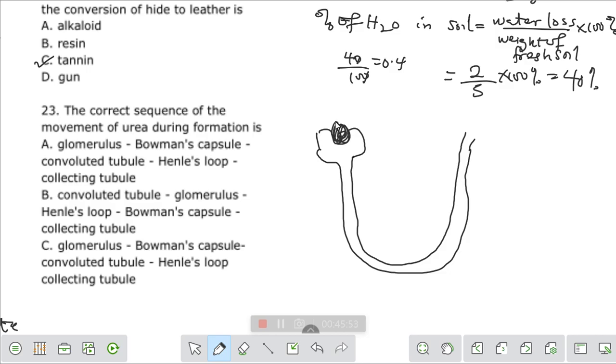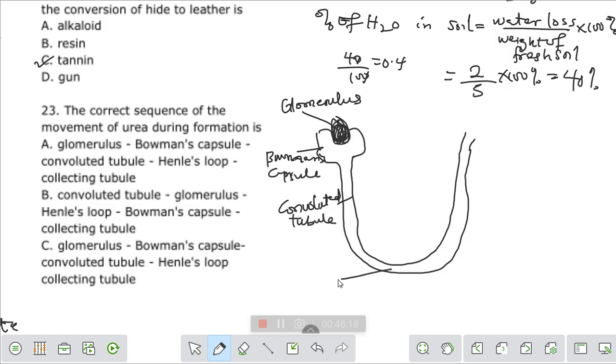This place is your loop of Henle, and there are blood vessels around it. But here you have your collecting tube. This is a diagram of a nephron, for urine formation. So the answer is you start with the glomerulus, it moves to the Bowman's capsule, then the convoluted tubule, then the loop of Henle, then the collecting tube. So the answer is option A.